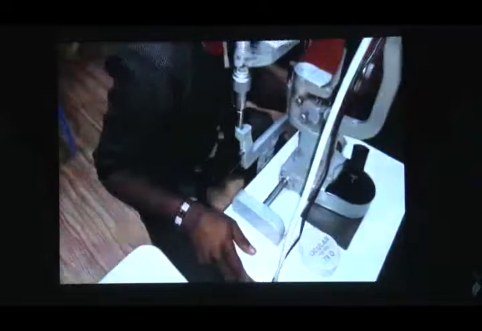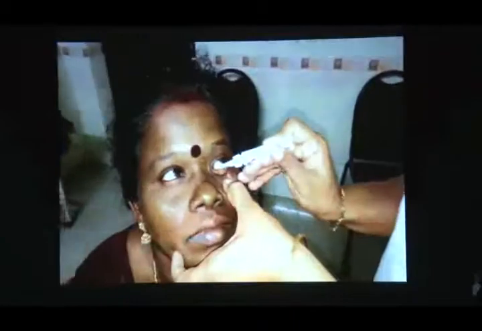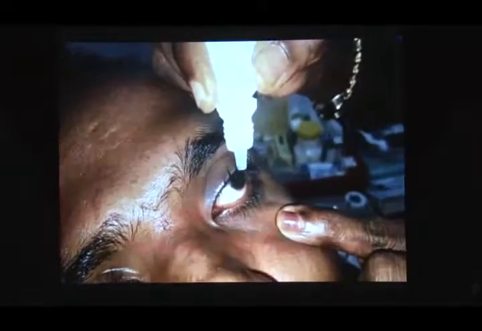The patient sits like this, see the hand where they hold. All these places are sites which have to be disinfected frequently. Look at the eye drops being instilled.